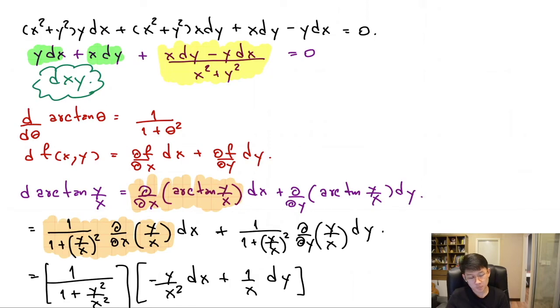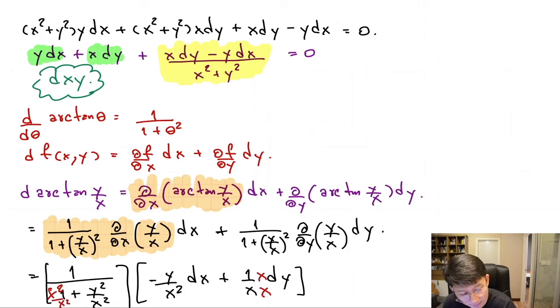Then I multiply x and x here to make it x squared, right? Because I have x squared here, I want x squared here as well. And then I multiply this by x, x squared and x squared as well.